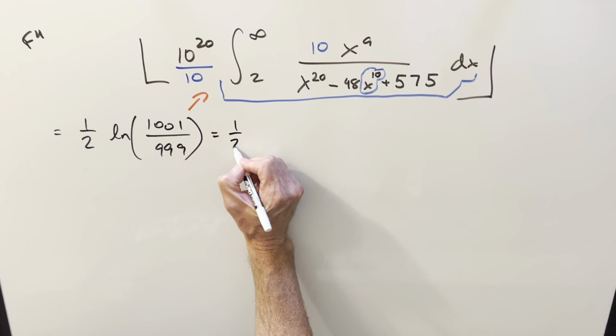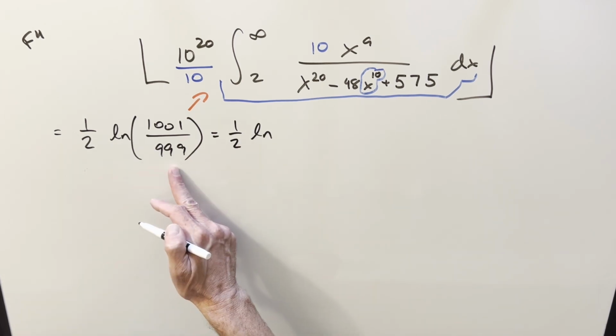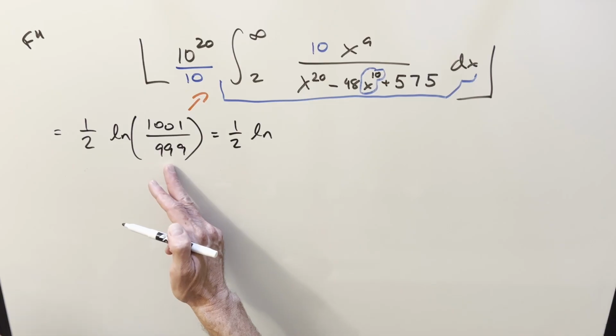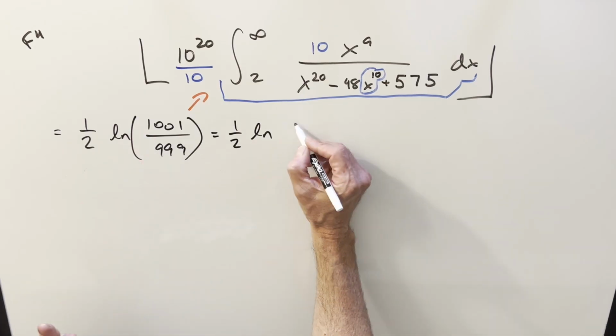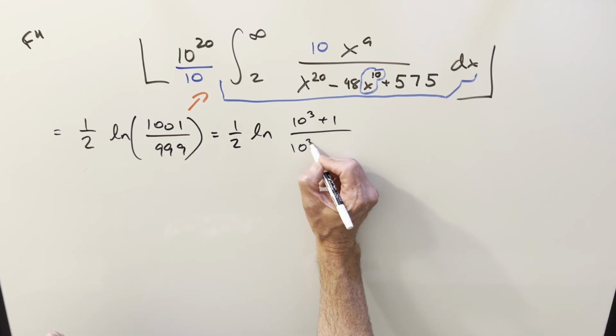So first, just cleaning this up and writing it a different way. We notice that it's very close to 1,000, numerator and denominator. 1,000 is 10 cubed, so I can write it like this.